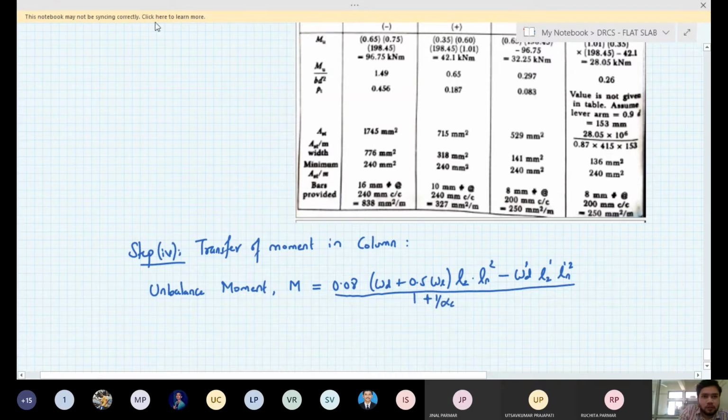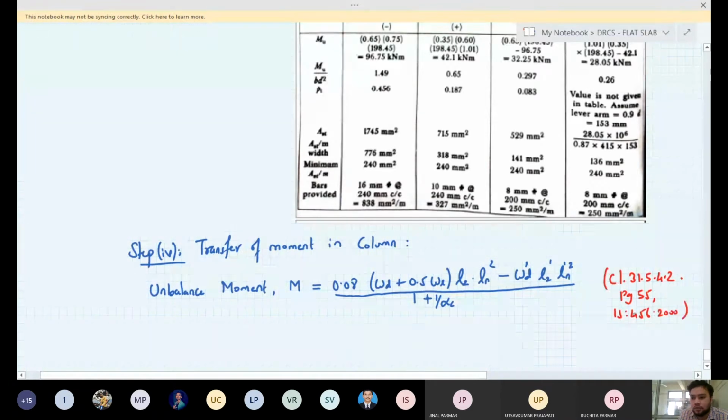This is given in the clause 31.4.5.2, page 55, IS 456 2000.